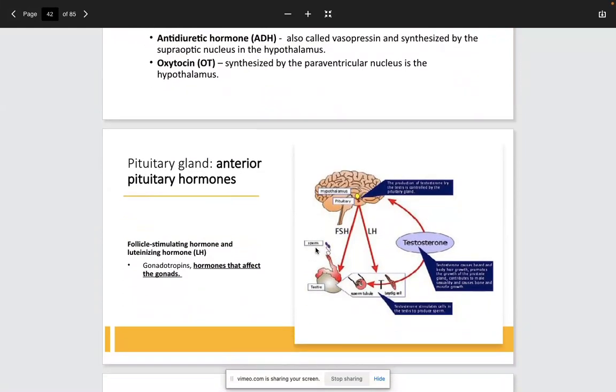Here are some other pictures: follicle-stimulating hormone and luteinizing hormone, FSH and LH. These are hormones that affect the gonads. Here's a good picture. Here you can see the pituitary gland releasing FSH and LH. This is then going to come down here to the sperm. This is the epididymis on this outer portion here.